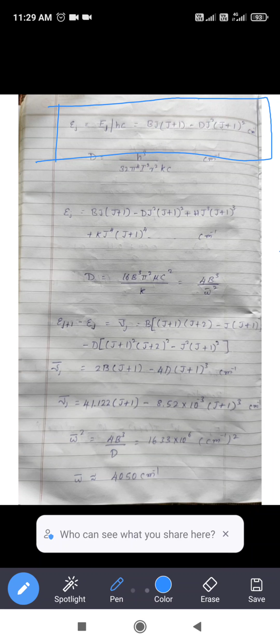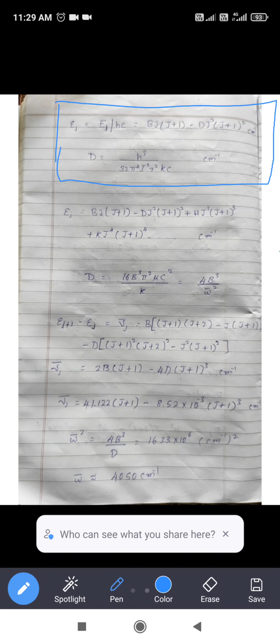D is the centrifugal distortion constant, and it is a positive quantity, applied for a simple harmonic force field only. So this equation is only applied for simple harmonic force field only.